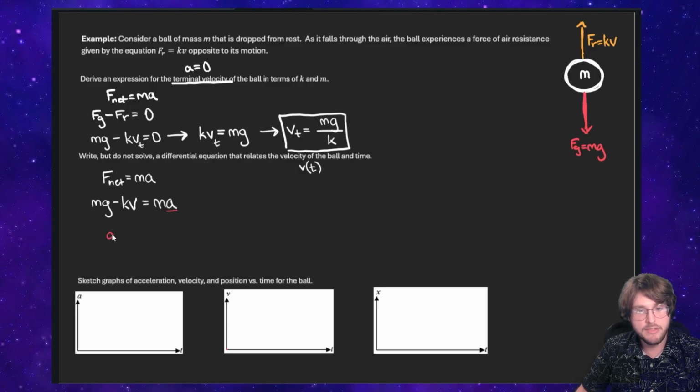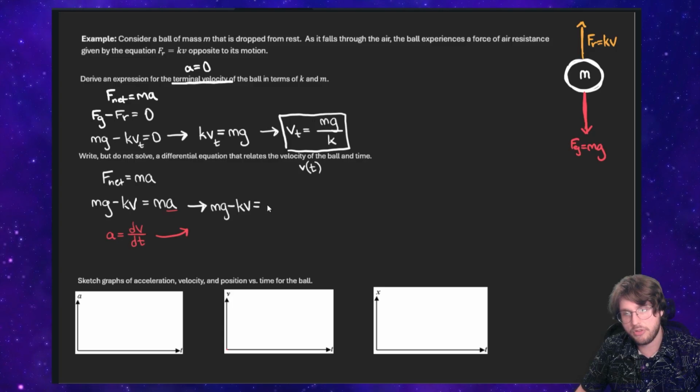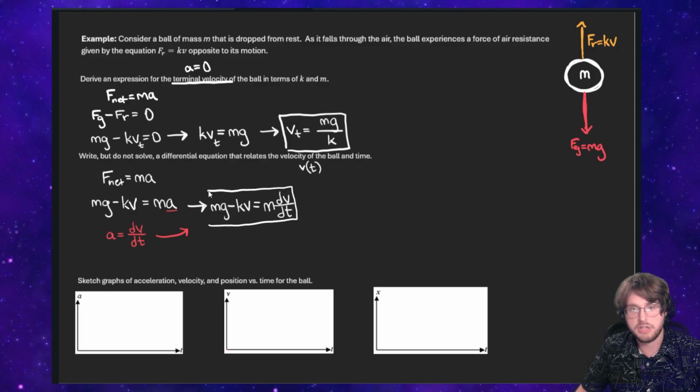And we can do that by the definition of acceleration, which is that it is the derivative, dv over dt, of velocity. And if we plug that into this expression above, then we'll end up with basically our differential equation, which is mg minus kv equals m times dv over dt. And that would be considered a complete differential equation for this question.